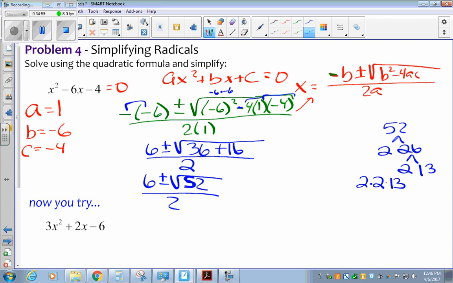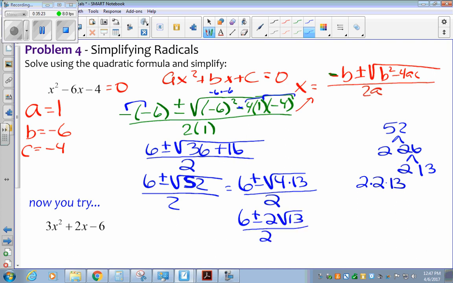4. So this is 6 plus or minus square root of 4 times 13. We're going to go ahead and take the square root of 4. It's going to come out and be 2. And poor root 13, he's going to stay there. I'm going to split my over 2 because if we have a common denominator, we can add or subtract the top and leave the common denominator. We're going to kind of go backwards on that.